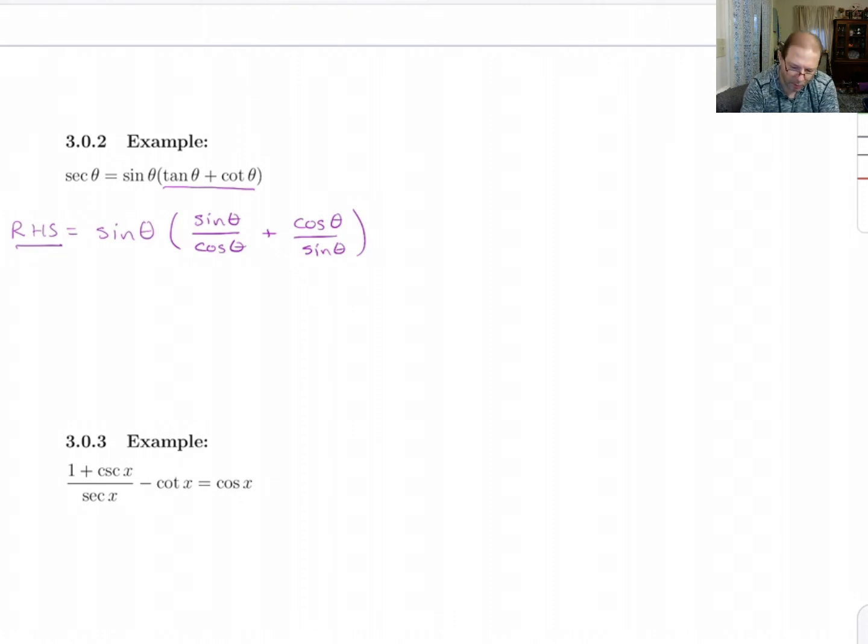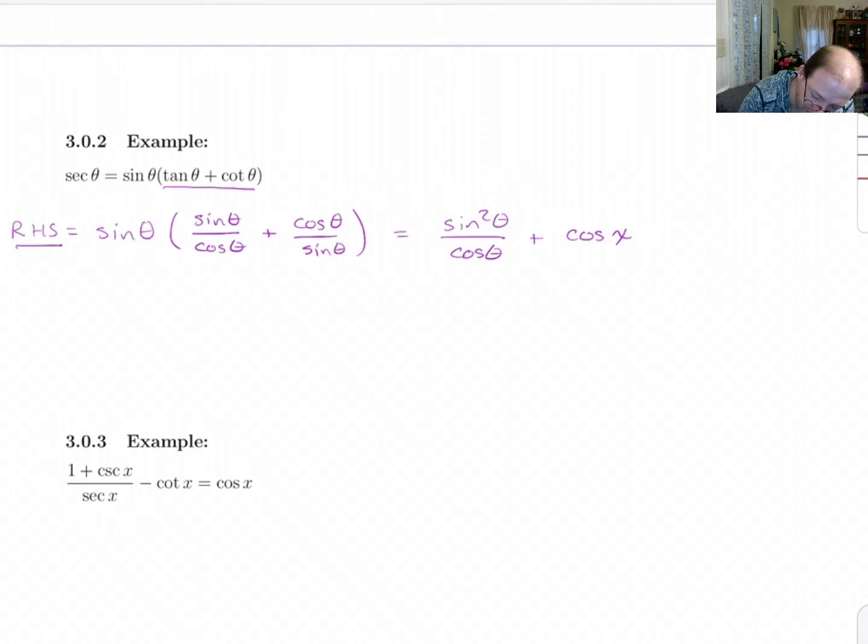All right, what I want to do now is distribute this across here. When I distribute the sine, I'll distribute it here, and when I distribute it across here, it's going to cancel with that. So distribute that sine, I'm going to get sine squared over cosine, then plus just cosine. All right, now, we're aiming to get to secant. So we've got two things here. We should probably try to put them together.